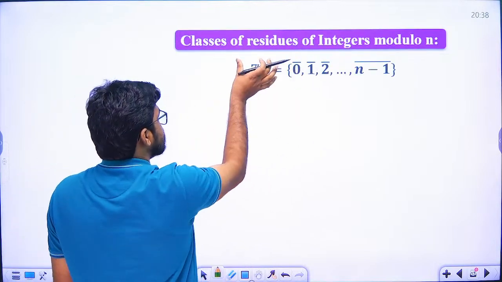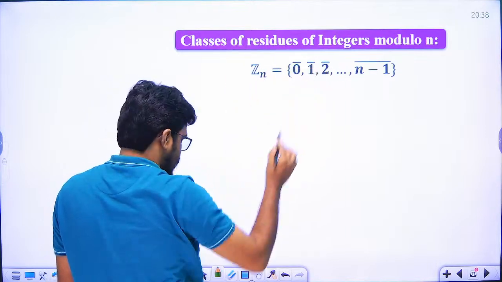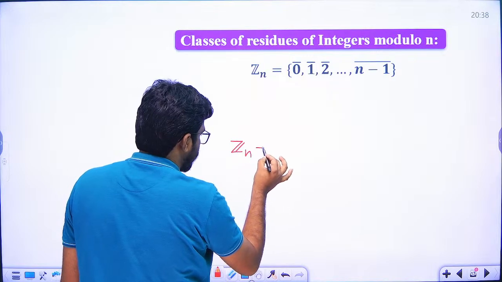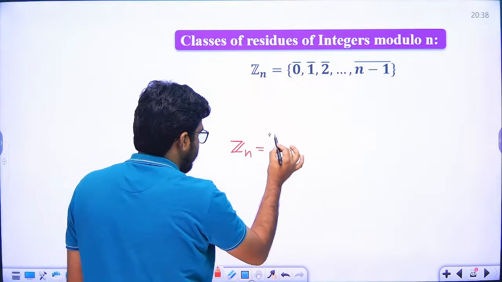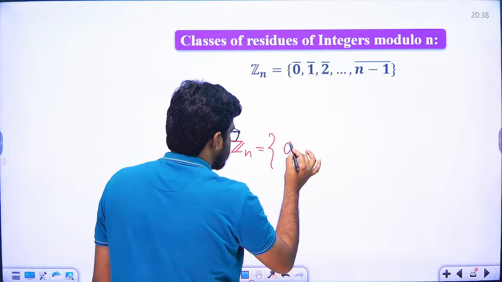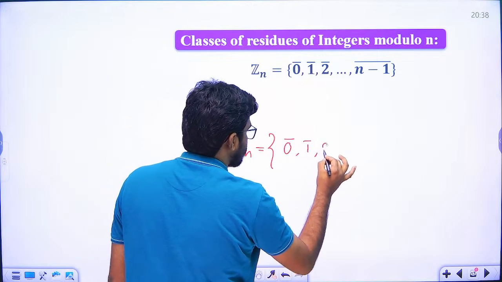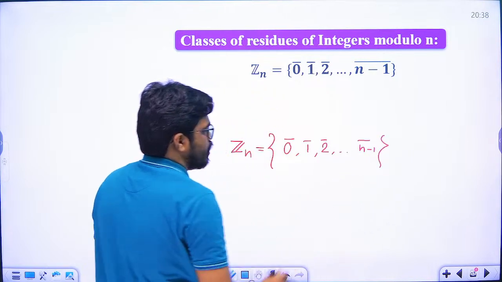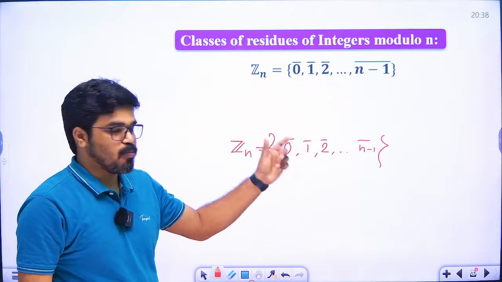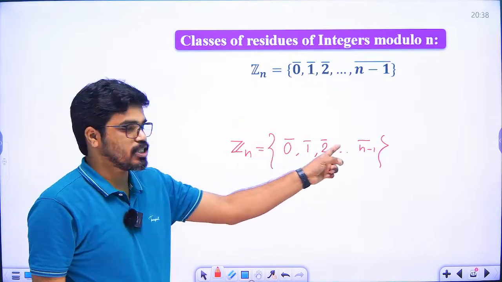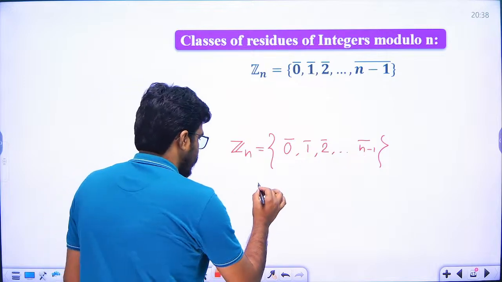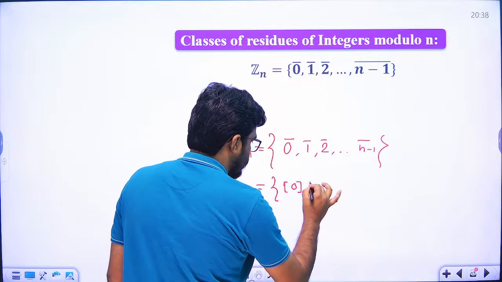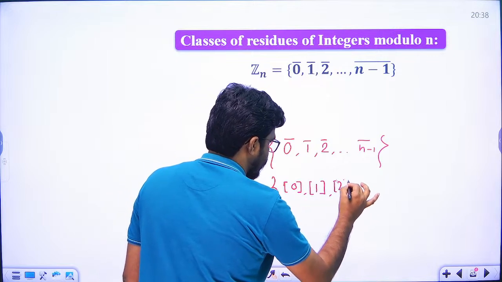Zn is called the classes of residue of integers modulo n. What are the elements of Zn? The elements of Zn are 0 bar, 1 bar, 2 bar, up to n minus 1 bar. Why am I writing bar? We can symbolize modular elements with a bar, or you can express this form in third brackets. Okay.